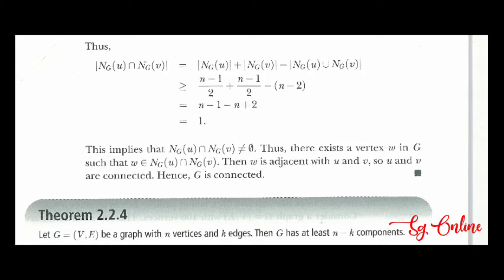Then we have two sufficient results. One says that if the graph has at most 2n vertices and the degree of each vertex is at least n, then the graph is connected, and in that case we consider it a simple graph. And then there is a better result for a simple graph of n vertices: if the degree of vertices is at least (n minus 1) by 2, then also the graph is connected.